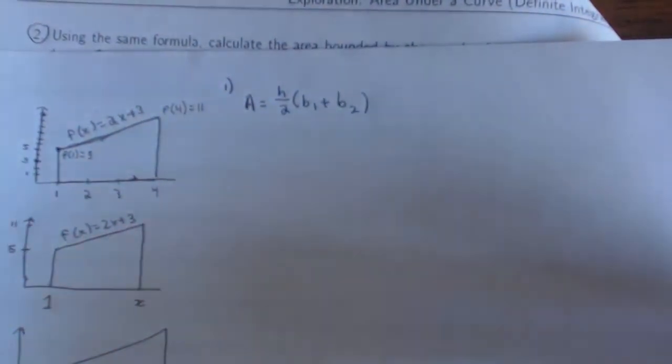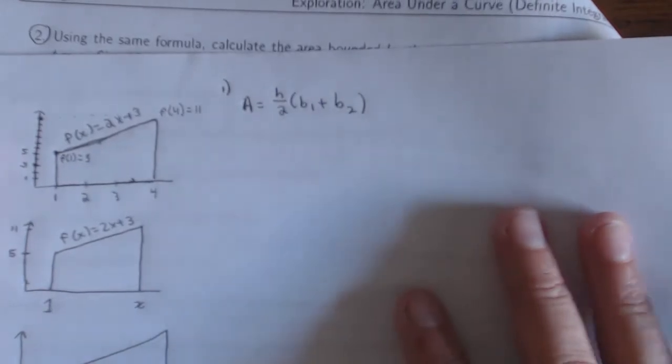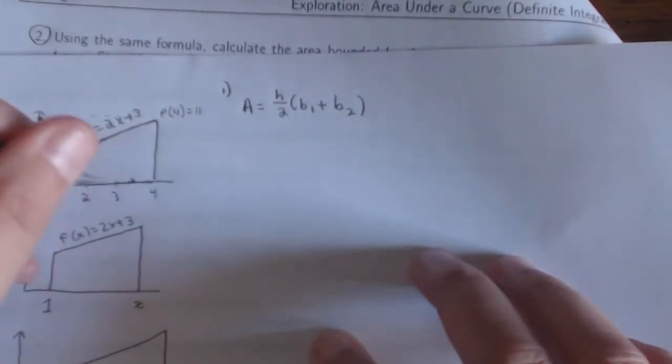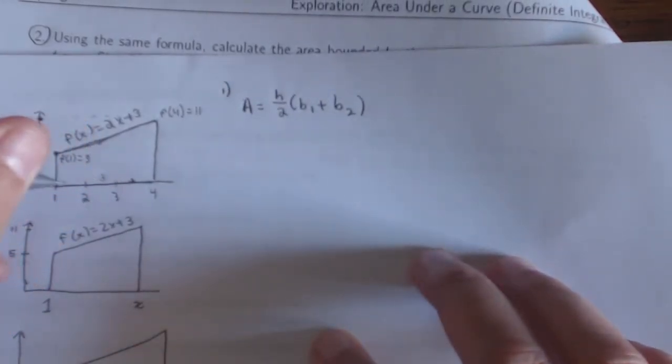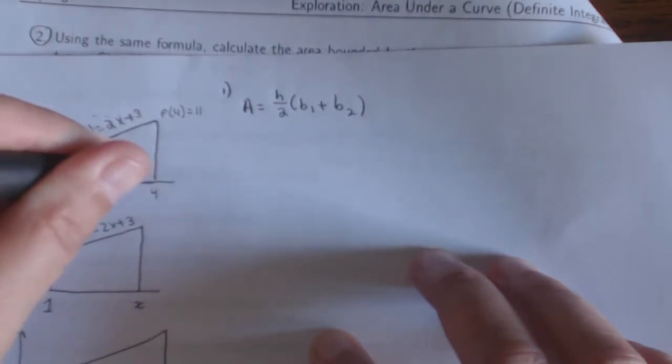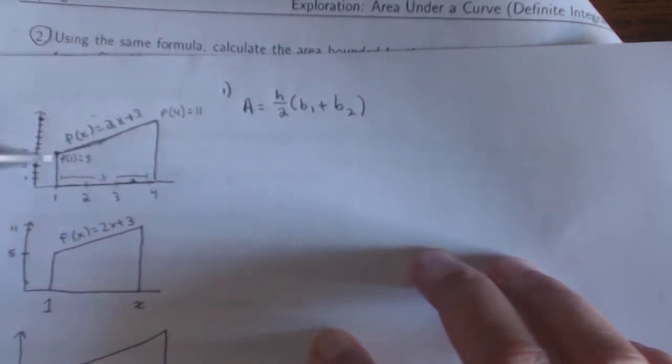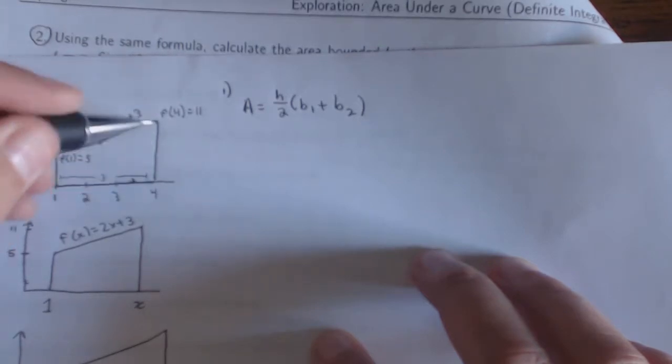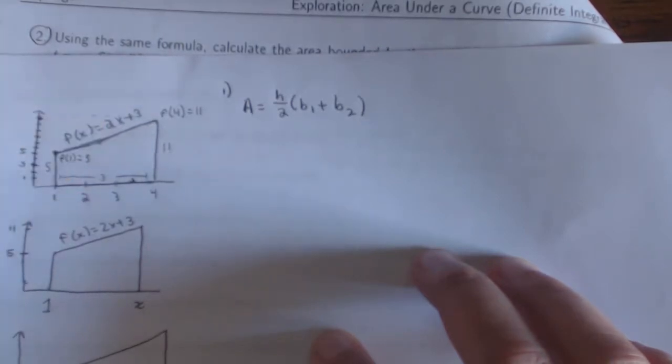Okay, so first, let's just remind ourselves what the area was from 1 to 4. So remember, from 1 to 4, the height of this trapezoid was 3, and f of 1 gives us the length of base 1, and f of 4 gives us the length of base 2.